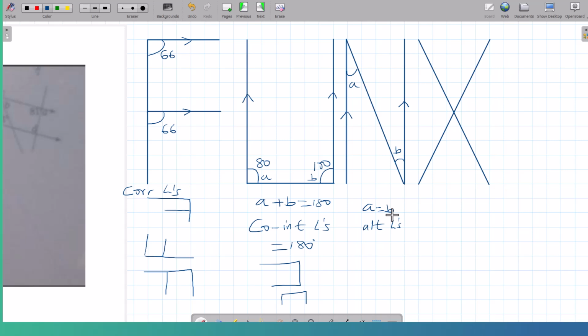Then this X here: the angles opposite each other are equal, and we say they are vertically opposite. If this is angle C and this is angle D, then angle C equals angle D because they are vertically opposite angles.